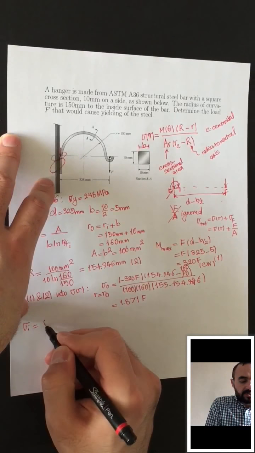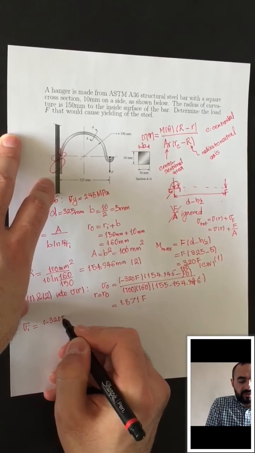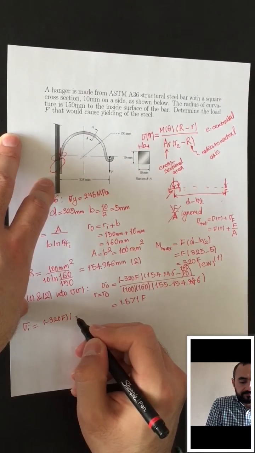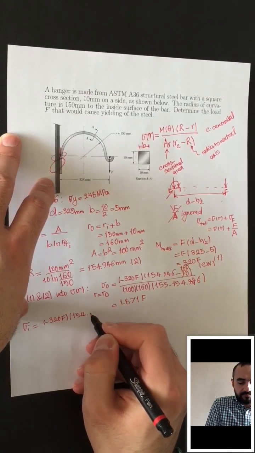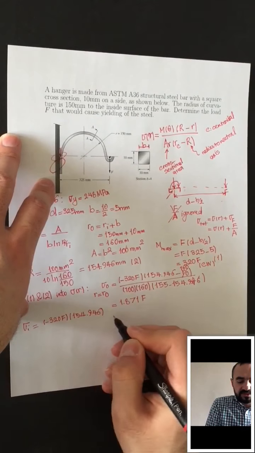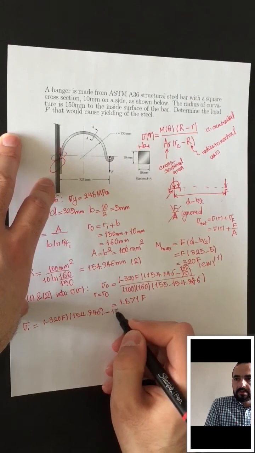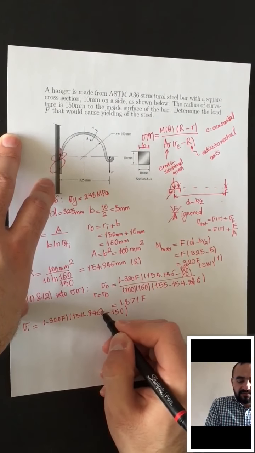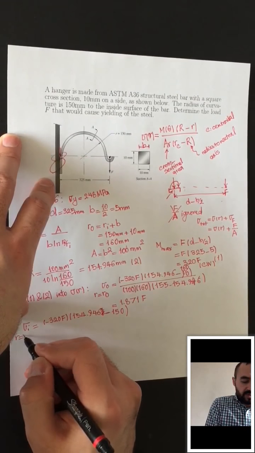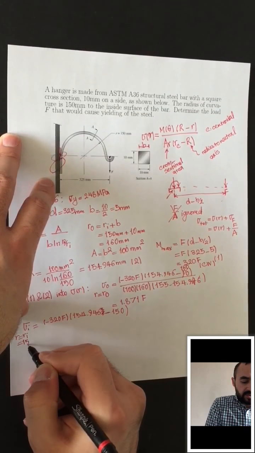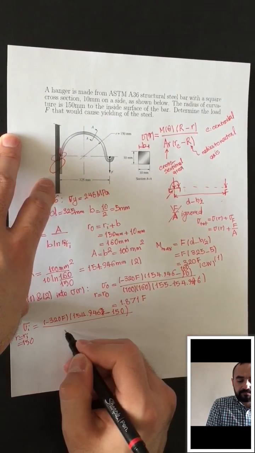For sigma I, you do the same thing. You have minus 320 F, 154.946. This time it's minus 150 because R is equal to RI, which equals 150.